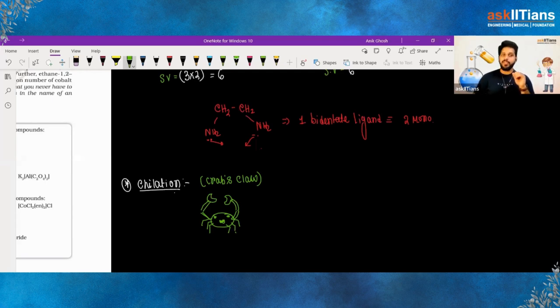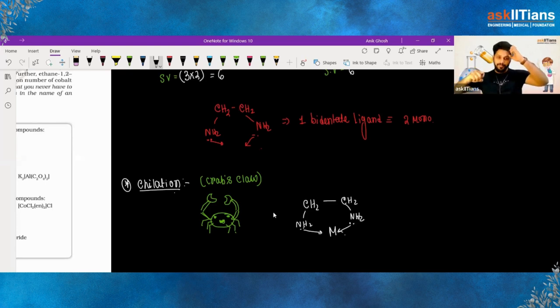Whenever we have a polydentate ligand, take the ethylene diamine complex. Doesn't it look like the 2 nitrogens are holding the metal the same way a crab holds something? So that's why this is called chelation.